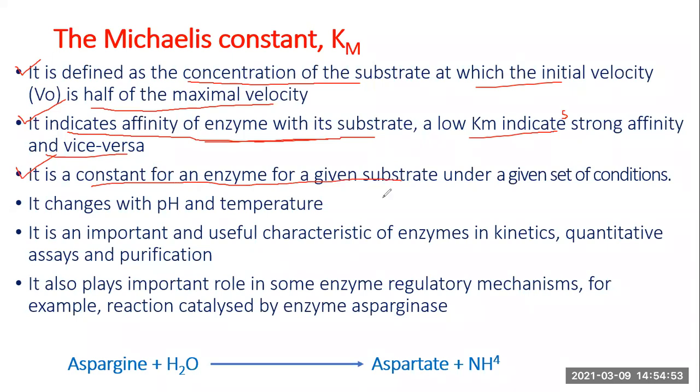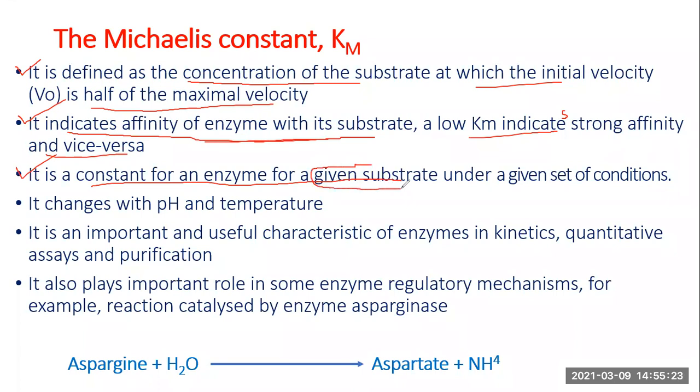It is a constant for an enzyme for a given substrate. As I said, in biological systems the majority of enzyme-catalyzed reactions involve two substrates, so an enzyme may have more than one substrate. For a given substrate, under a given set of conditions, this Km is a constant for an enzyme. I am repeating it once again: it is a constant for an enzyme for a given substrate. Why am I using the words given substrate?